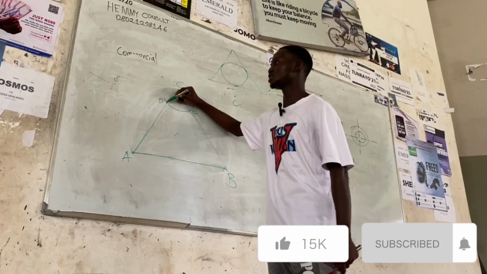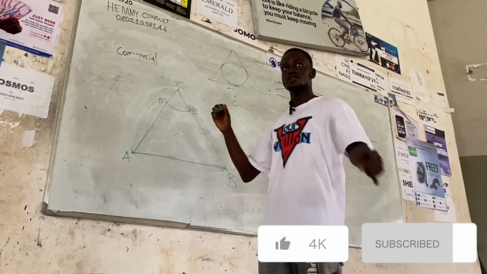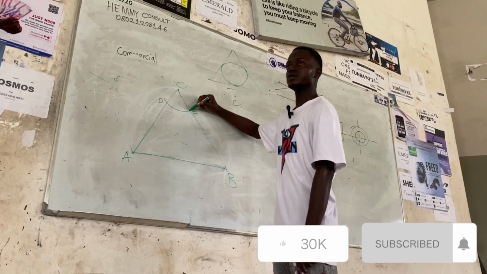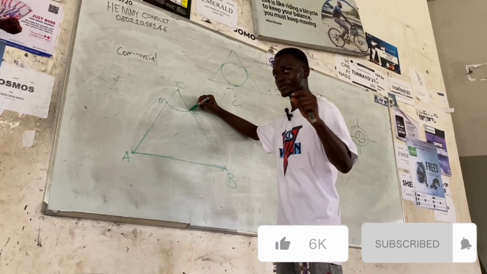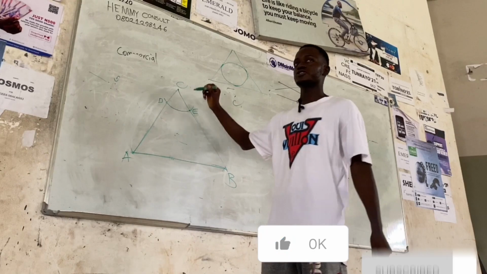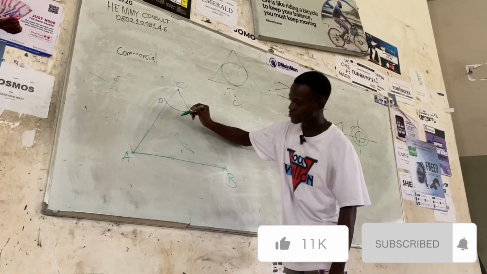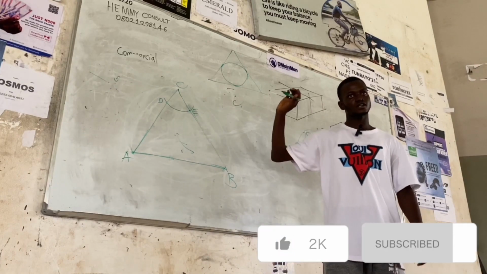Then from D, you extend your radius, strike an arc from E with that same radius. Please ensure it's the same radius. Strike another arc to intersect the first arc.